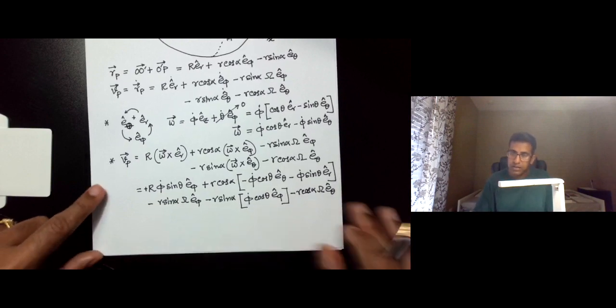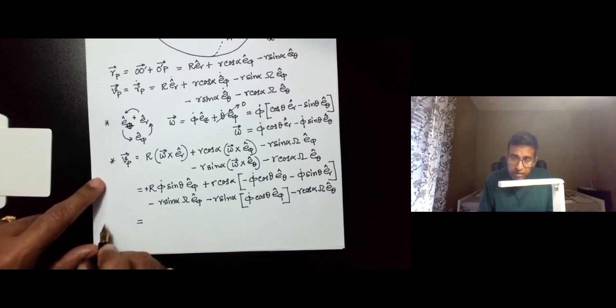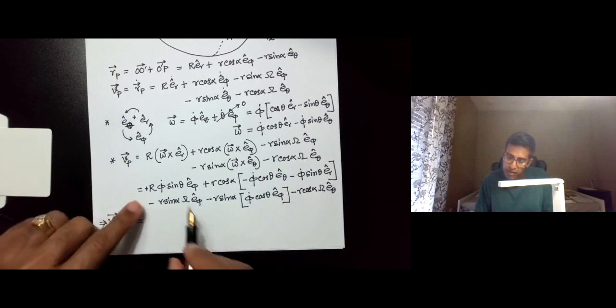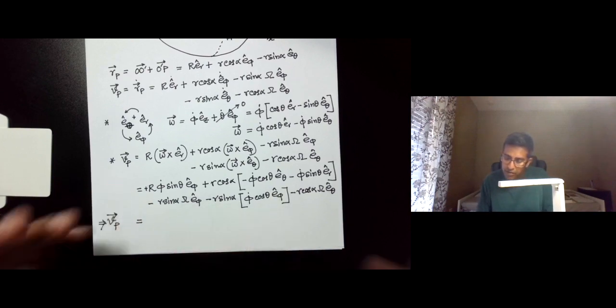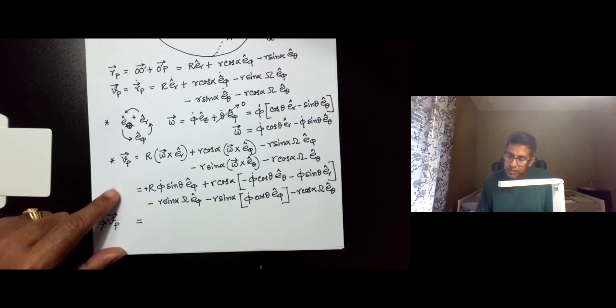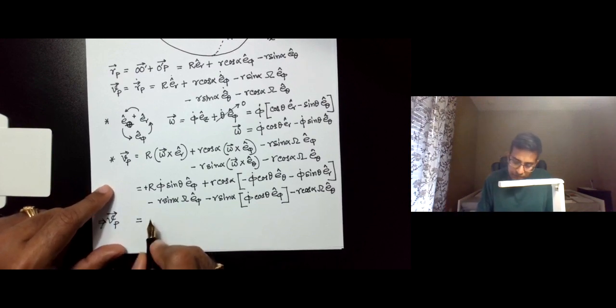Okay, so these are all the terms that we have generated. So in the last step, we then say that therefore Vp is equal to, now let us collect all the terms in the individual directions and put them together and express the entire vector in terms of a component in ER, E theta and E phi.